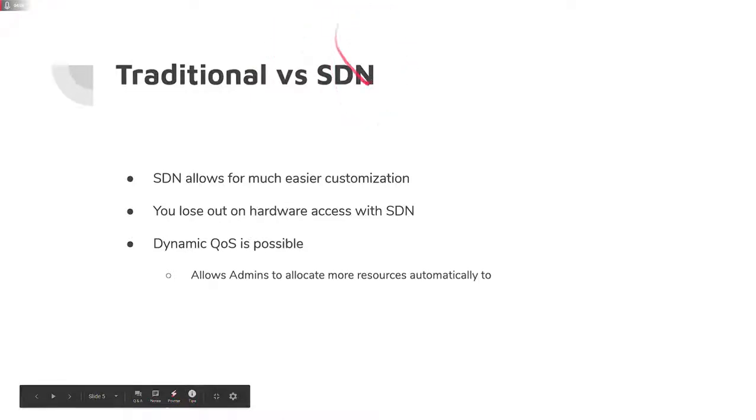All right. So what's one thing that's really good about SDNs? The biggest thing is actually the dynamic QoS. An admin can allocate resources automatically to things like, say you have an FTP server, SMTP, and you have video streaming. Well, depending on the time of day or the amount of resources that are needed, FTP might be a higher priority than your live streaming video cameras or something along those lines.